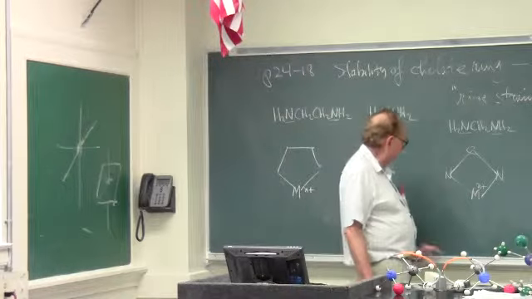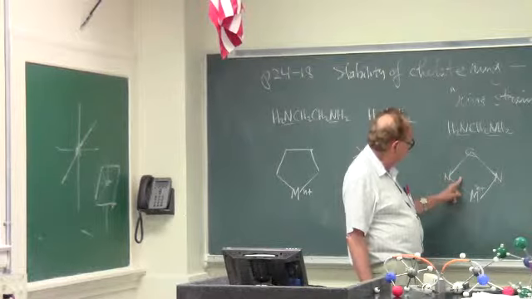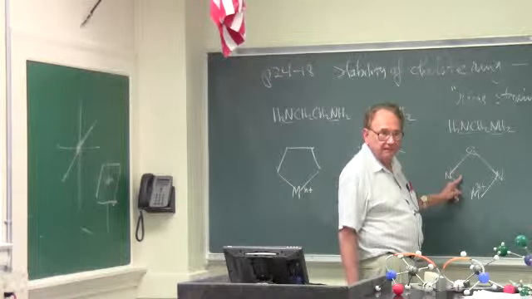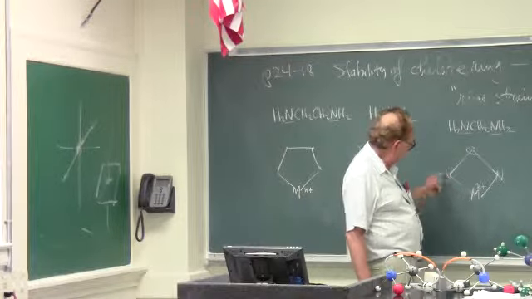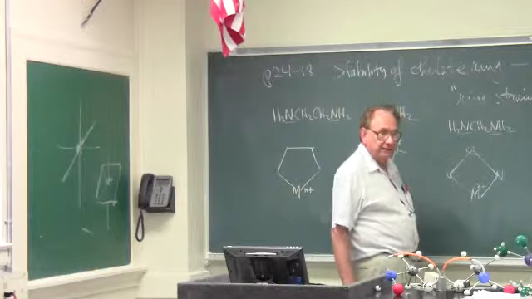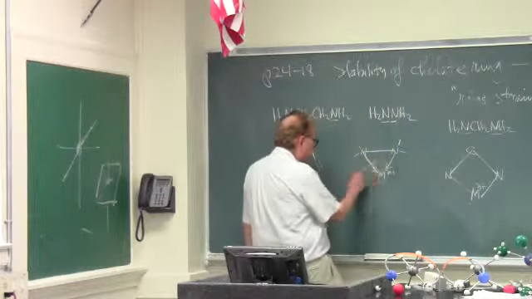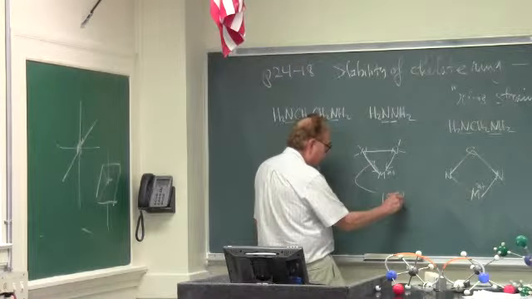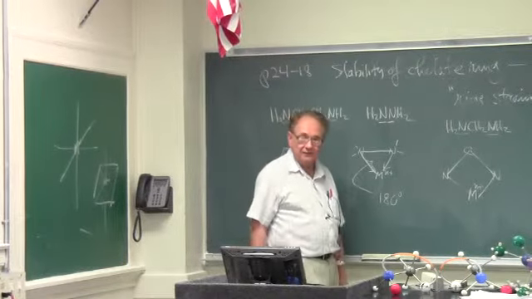So, when we go to a 4-atom ring, if we imagine, to simplify the geometry, this to be planar, how many degrees contained within? You did this in geometry class. 3-atom ring, triangle, 180 degrees.